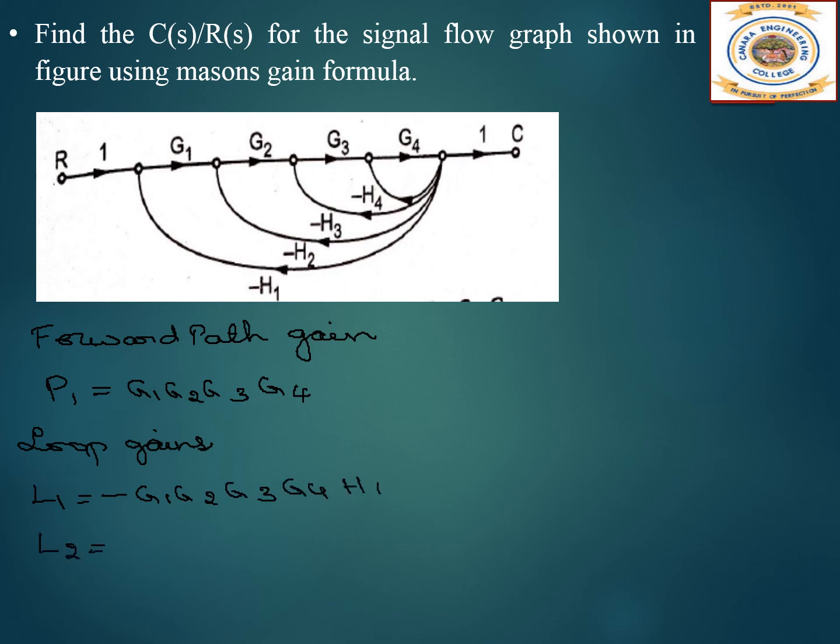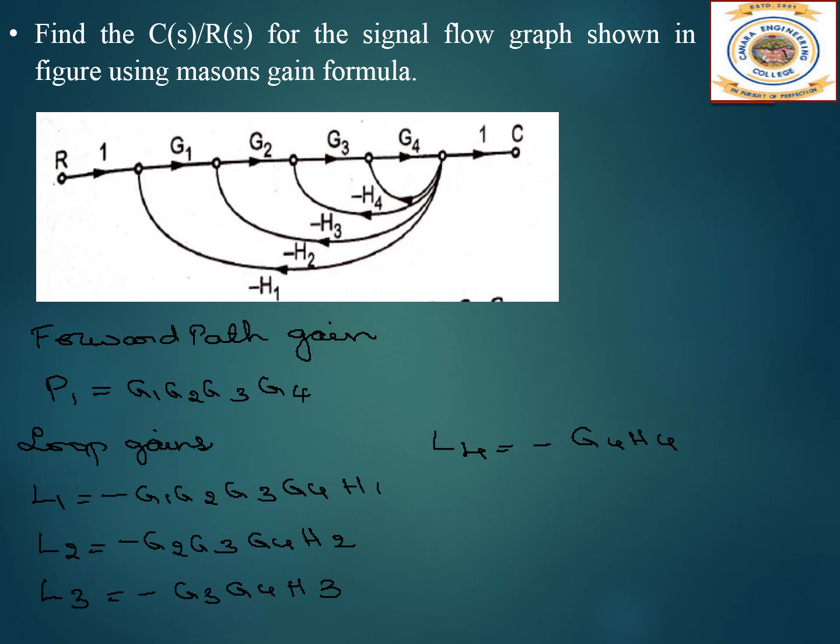L2 is equal to minus G2, G3, G4, H2. L3 is equal to minus G3, G4, H3. And L4 is equal to minus G4, H4. So these are the four loops.